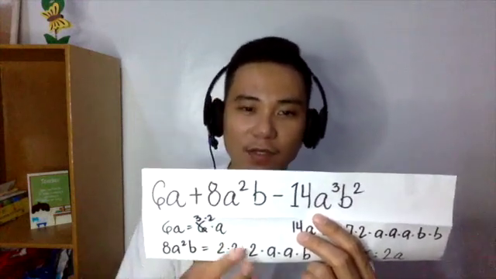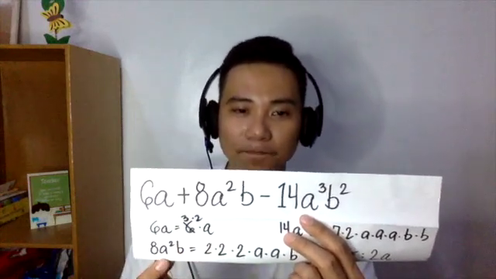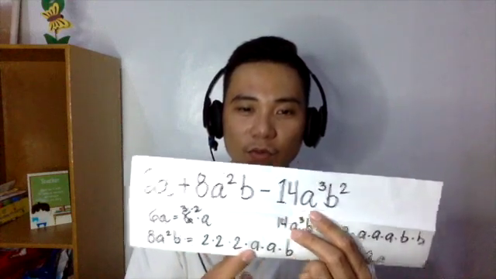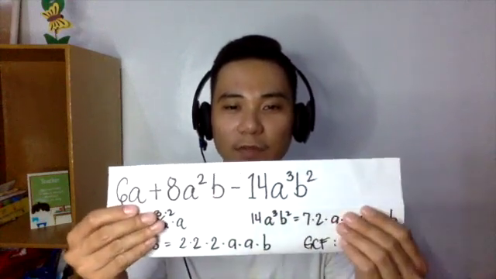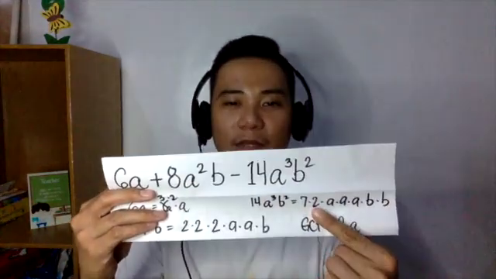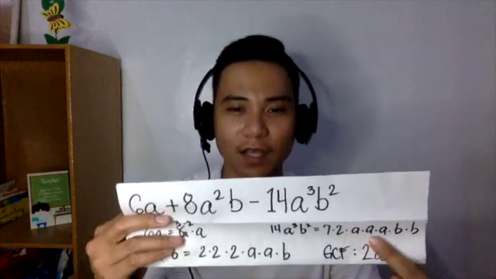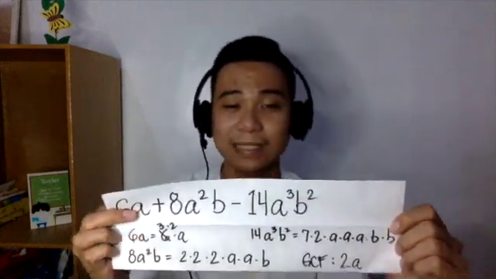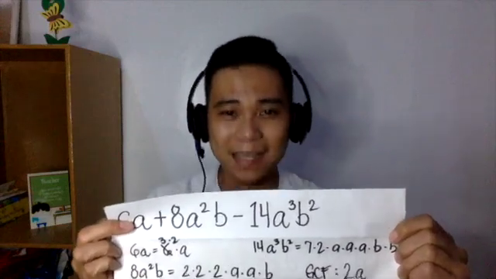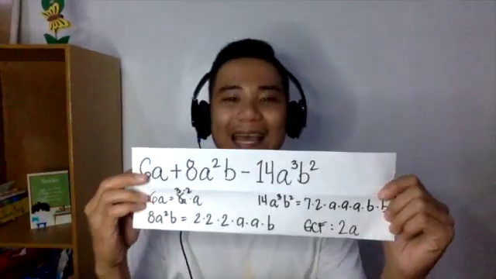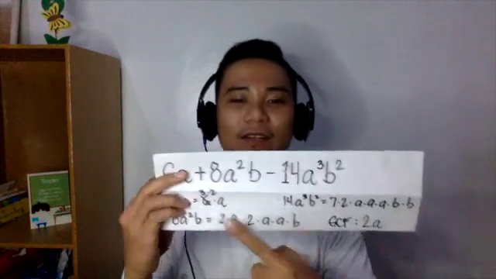For 8a squared b, we have 2 times 2 times 2 times a times a times b. For 14a cubed b squared, we have 7 times 2 times a times a times a times b times b. So the greatest common factor of the three terms is 2a.